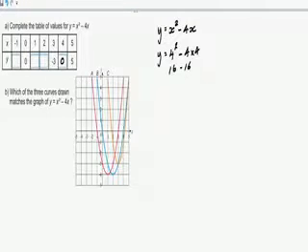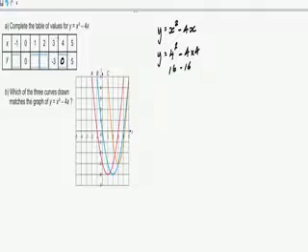Now, there is a pattern to this as well, and I'll show you as it starts to appear. 3 has been done for us, so now we go to where x is 2.